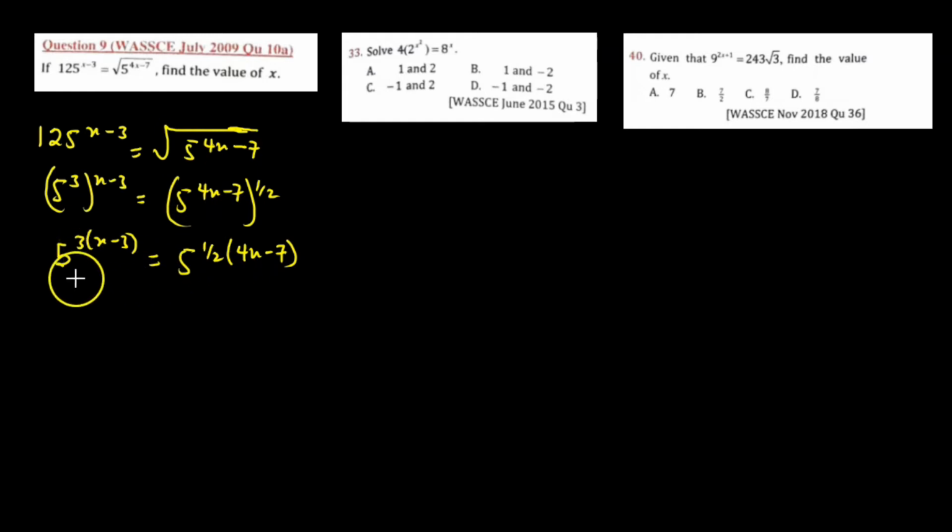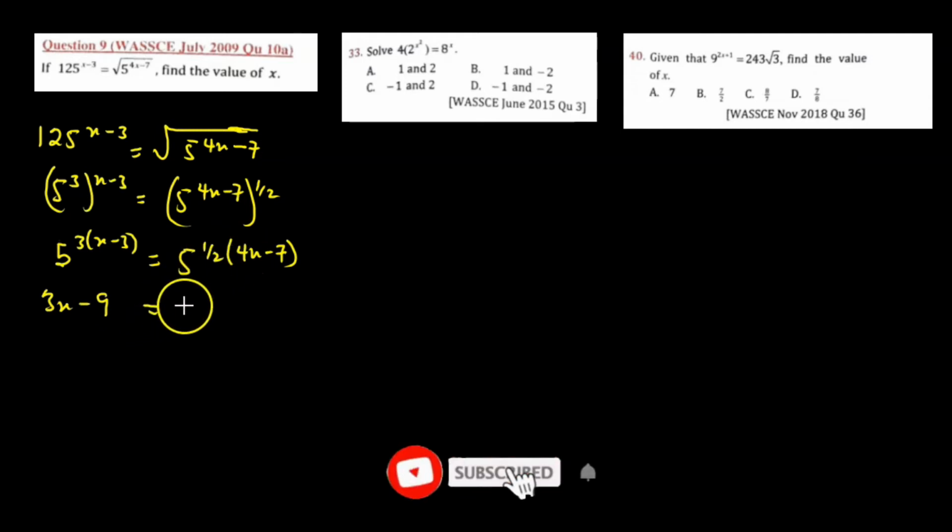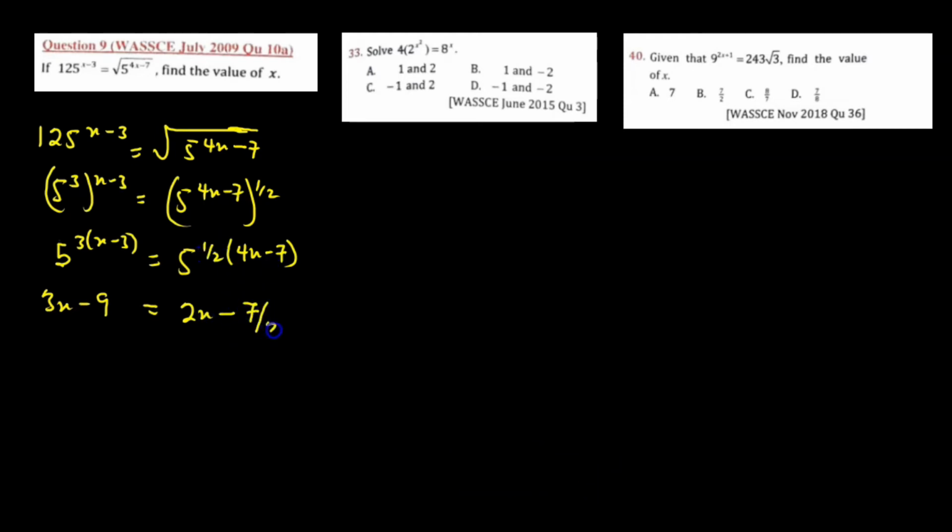So doing away with the base, we are left with 3x minus 9 because they are expanding. So 3 times x is 3x, and 3 times negative 3 will give us negative 9, and that should be equal to half multiplying 4x. We are going to get it as 2x minus half multiplying 7, we get 7 on 2.